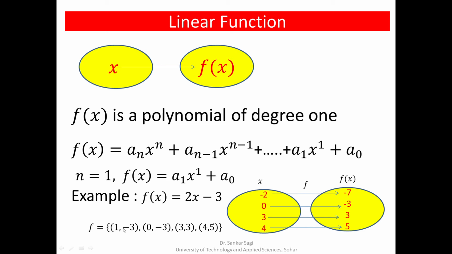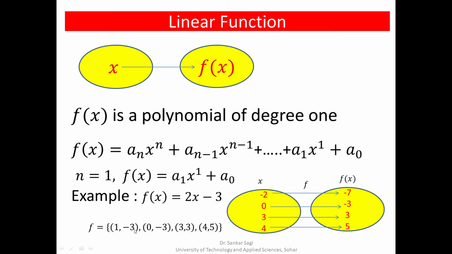I have taken for 1 the image -3, but if we take x = 1, it will be -1, so we have to change this value. For 0, -3 is correct, for 3 it is 3, and for x = 4, 2 fours are 8, 8 minus 3 is 5. But for x = 1, 2 ones are 2, 2 minus 3 will be -1.